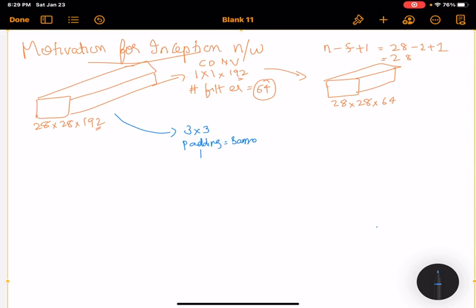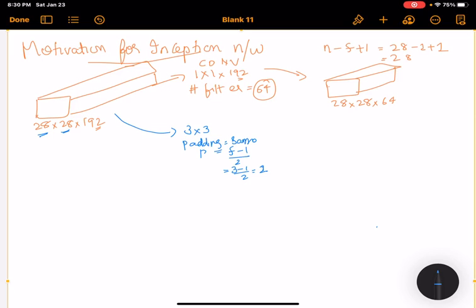So that means P will be equal to (F minus 1) by 2, and my F, size of my filter, is 3. So (3 minus 1) by 2, which is 2 by 2, which is 1. So I have to have a padding of 1 for my output to have the same height and width as that of my input, which is 28 and 28.